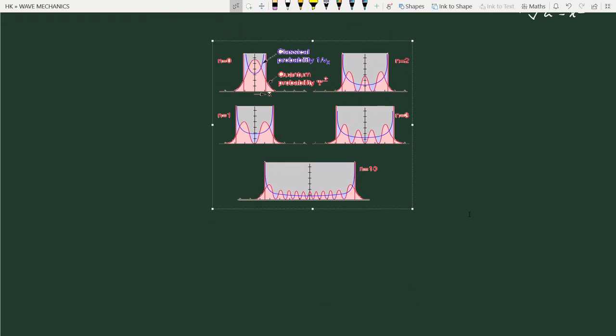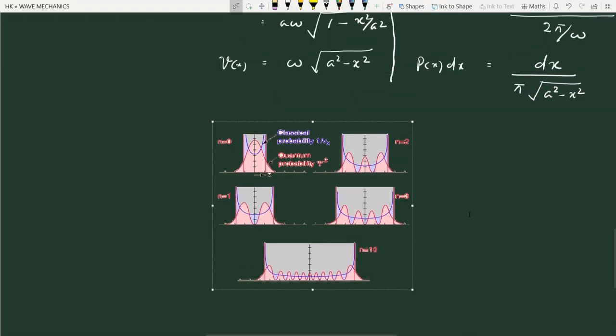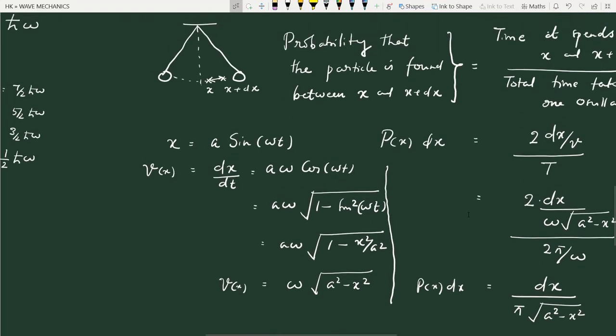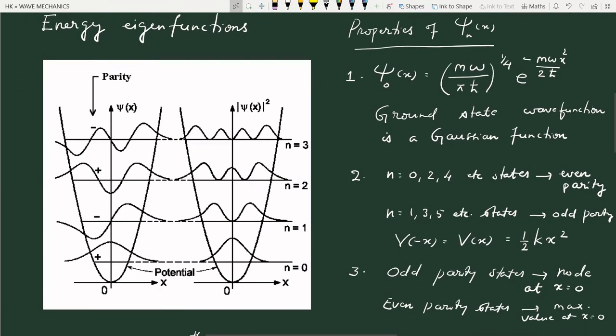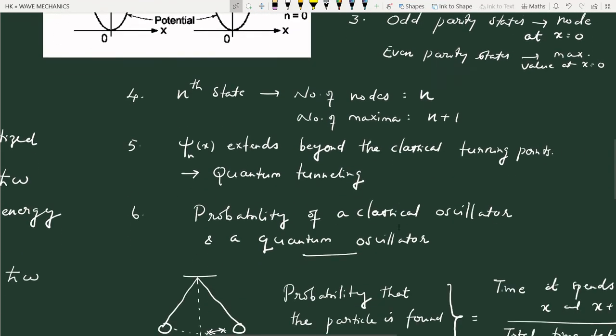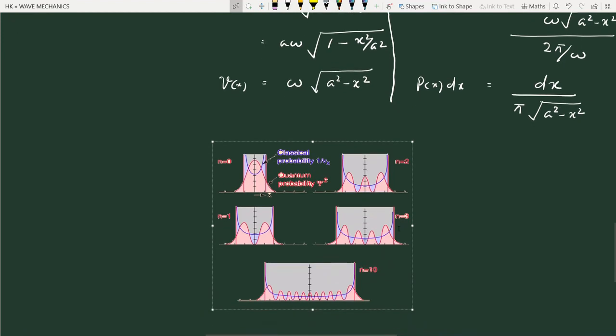As n becomes larger and larger, the system becomes more and more classical. That is the reason. So these are the different properties of the energy eigenfunctions. We have seen the plots of the first 4 eigenfunctions and probability densities, and this is a comparison between the probability of a quantum oscillator and that of a classical oscillator.